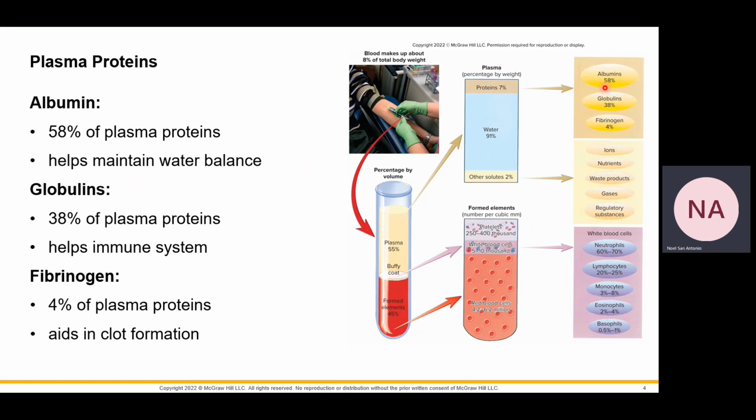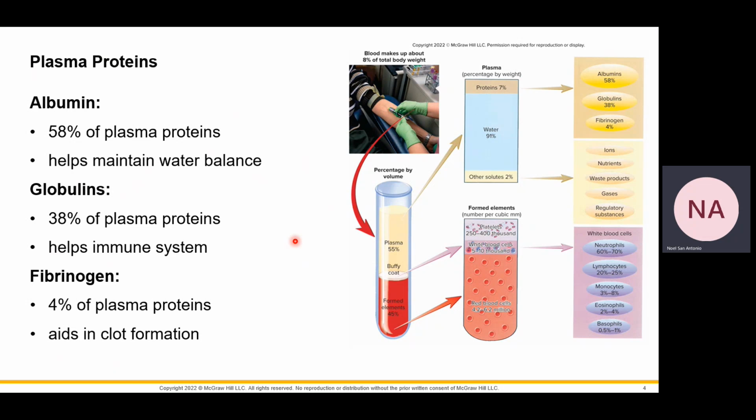Now, globulins, which account for 38% of plasma protein, are important for our immune system. In fact, globulins are actually immunoglobulins. When we get to immunity, specifically the lymphatic system, we will be discussing the different types of immunoglobulins.